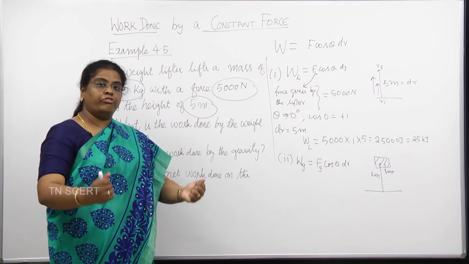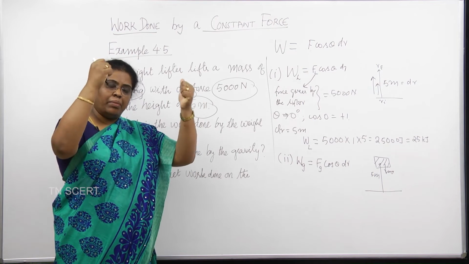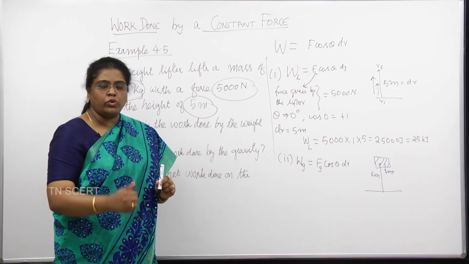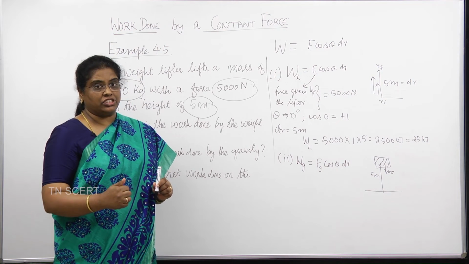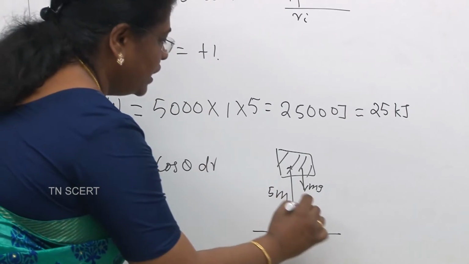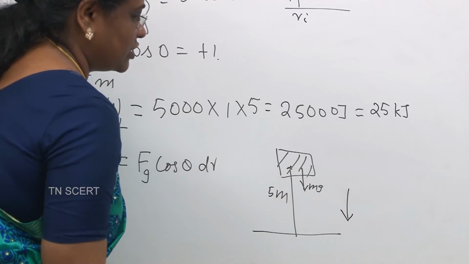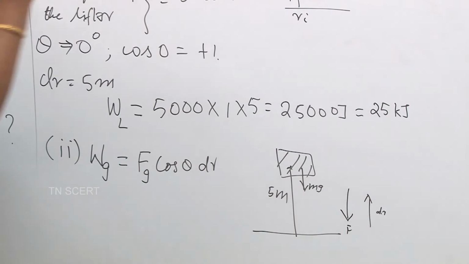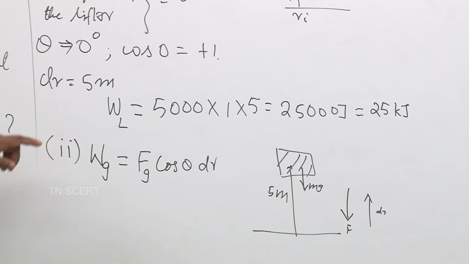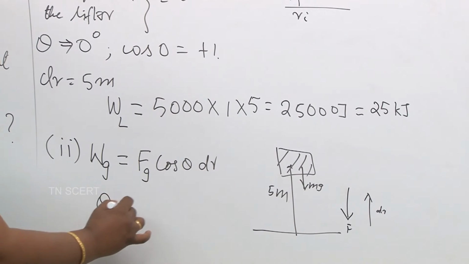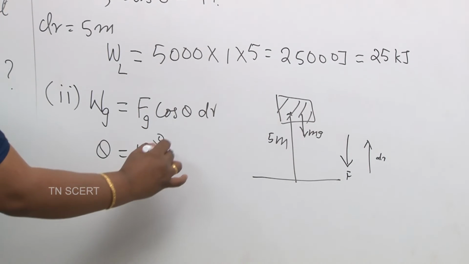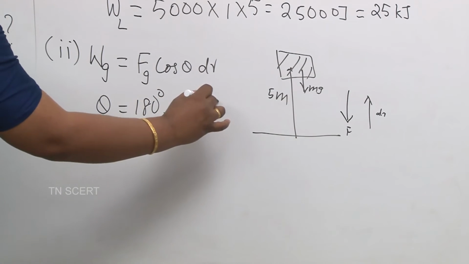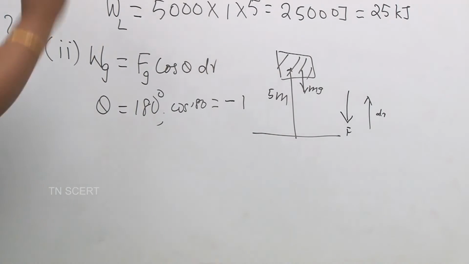He is giving more force and lifting it up, but at the same time mg will also be acting in the downward direction. So mg is acting in this direction, the force is in this direction, and the displacement, because he is giving more force, is in the upward direction. Therefore theta is in the opposite direction, so theta is equal to 180 degrees and cos 180 is equal to minus 1.